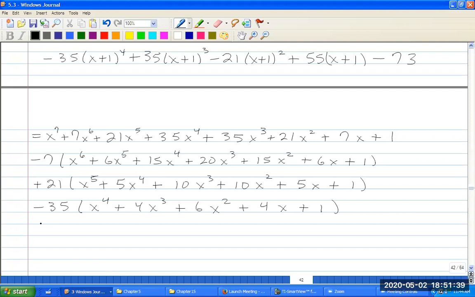Plus 35 times x cubed plus 3x squared plus 3x plus 1.